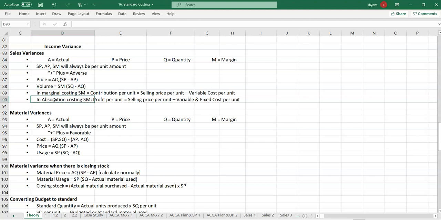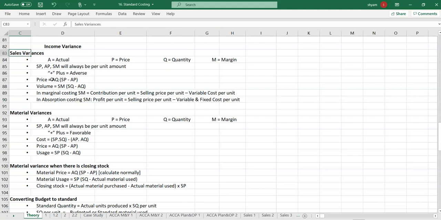If the question tells you that the variance is absorption costing based, then the SM becomes profit per unit, which is equal to selling price per unit minus variable cost plus fixed cost. Both you have to take into account. So that's about the sales variance here.